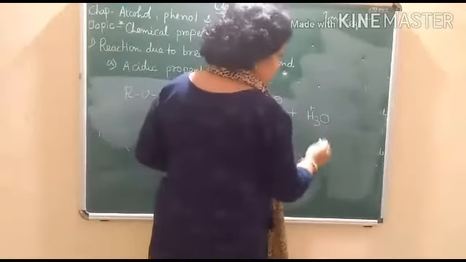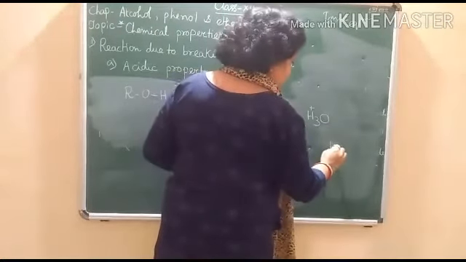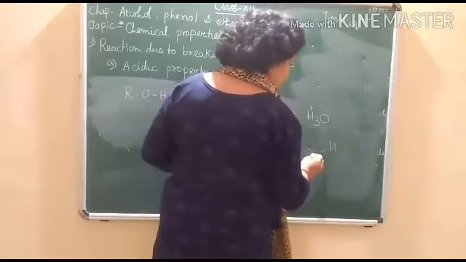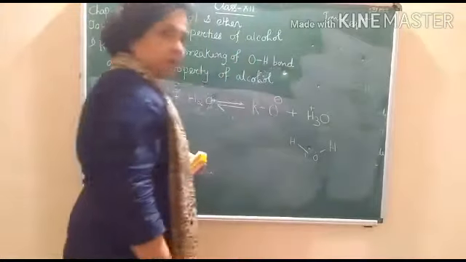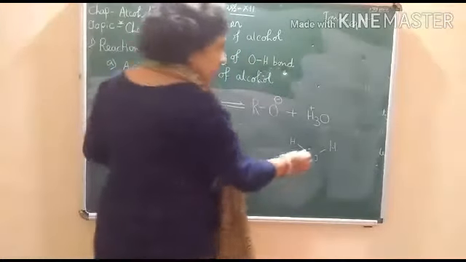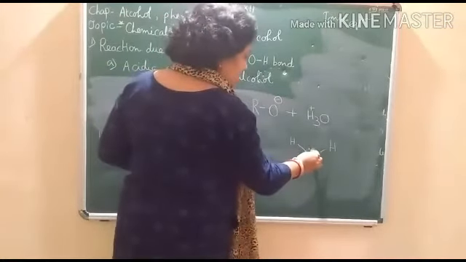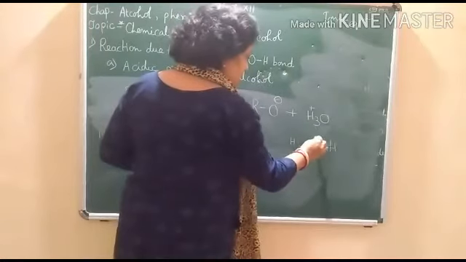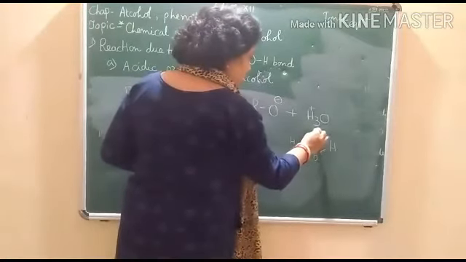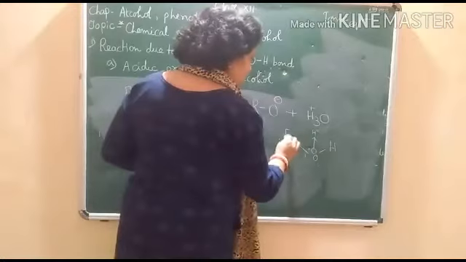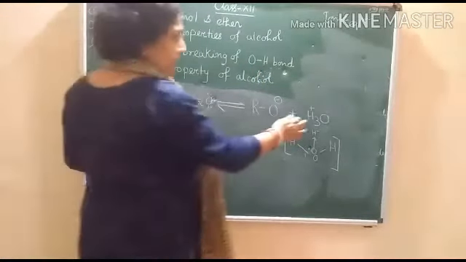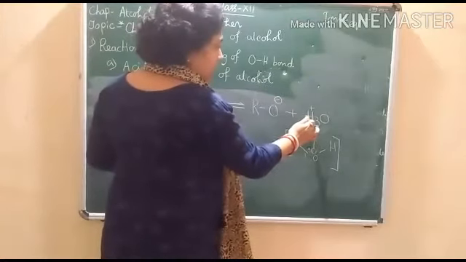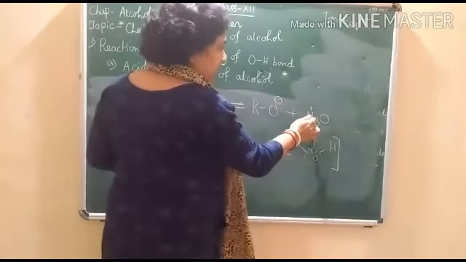So what happened in this structure? This is the structure of water. Now this hydrogen is accepting this lone pair of electrons and it becomes hydronium ion. So take the concept in opposite way. How does it form? It is accepting the electron.